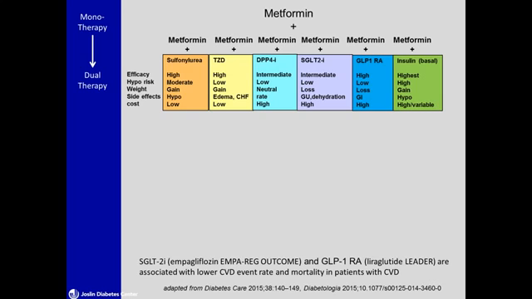And then there are two injectable medications. GLP-1 agonists are very efficacious, especially for postprandial hyperglycemia. However, the cost is high. And insulin is very efficacious as well. However, the hypoglycemic risk is quite high.